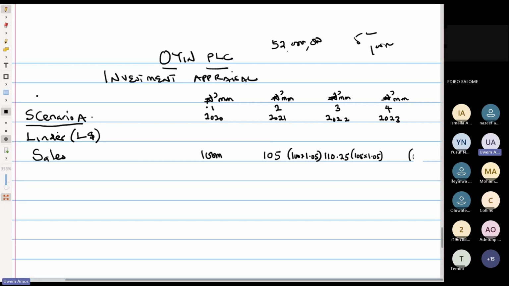So 110.25 multiplied by 1.05. I'm going to have a problem if my calculation extends to another year. I hope it doesn't. Okay, so it's not legible enough. 110.25 multiplied by 1.05.